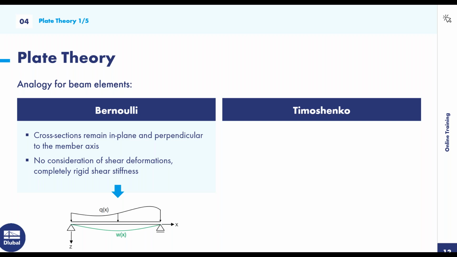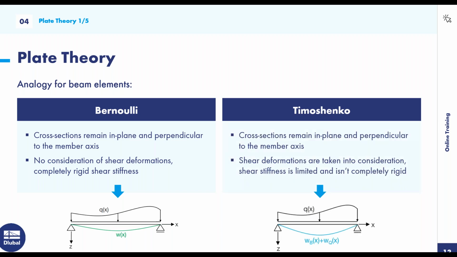And the second one, most importantly, is that there is no consideration of shear deformations, and the shear stiffness is completely rigid. For the Timoshenko theory, the first assumption is the same as Bernoulli's, that the cross-section remains in plane and is always perpendicular to the member axes. But the biggest difference is that shear deformations are taken into consideration, and the shear stiffness is limited and not completely rigid.